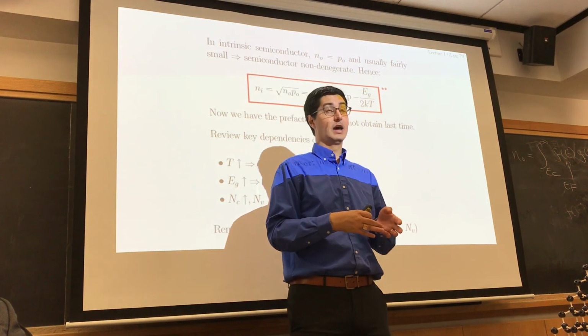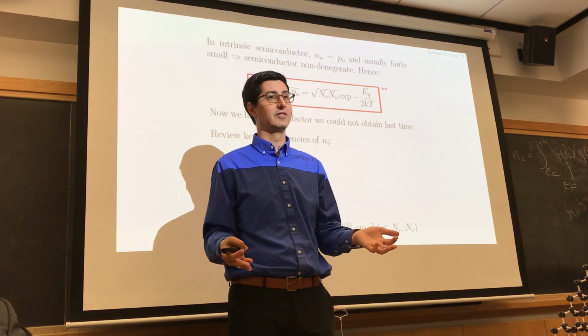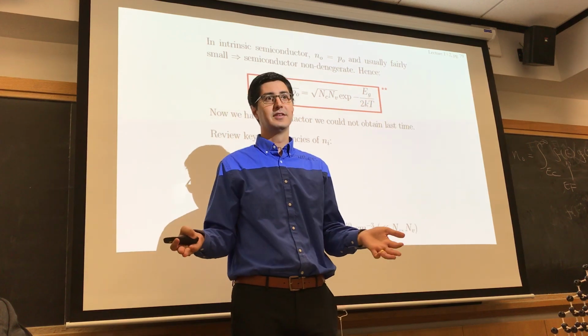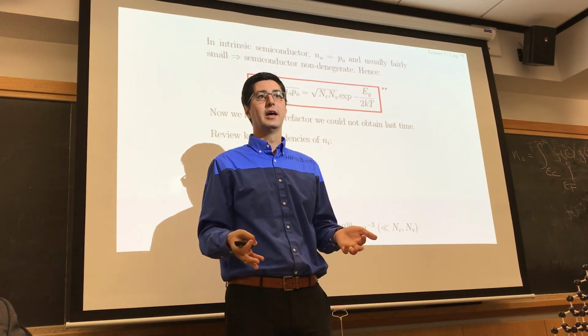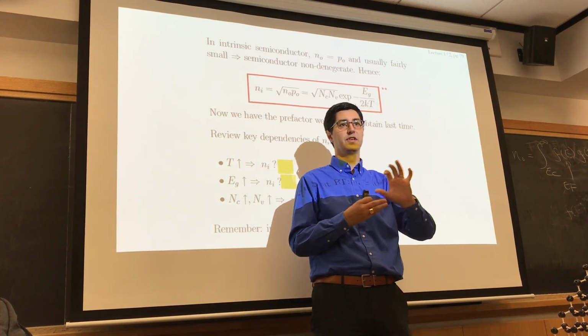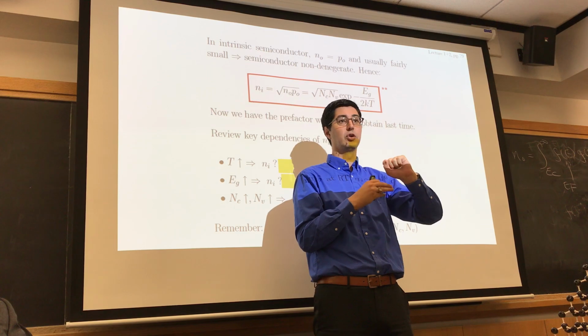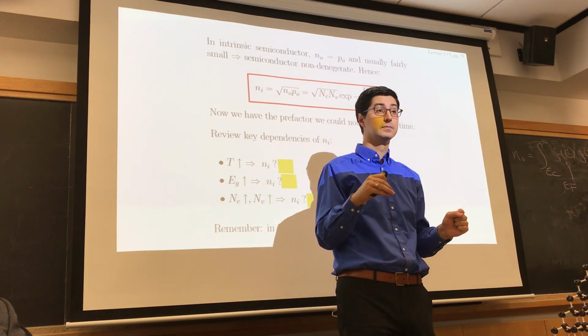I can say, well, when n₀ equals nᵢ, what is E_C minus E_F? I solve for what that E_F is, and that's my E_I. Now, E_I is not absolute. It's always in reference to the bands, so it's either in reference to the valence band or the conduction band. I generally don't have an absolute energy scale.